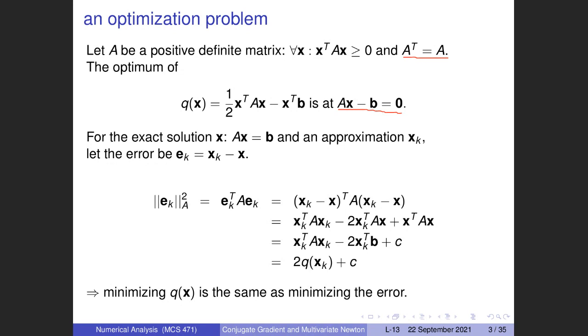So here is another way of seeing this. If we introduce a different norm, the norm with the matrix A as a subscript, then this is defined as this. If A is the identity matrix, then we get the square of the Euclidean norm.